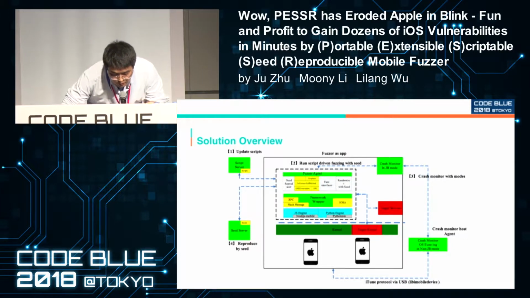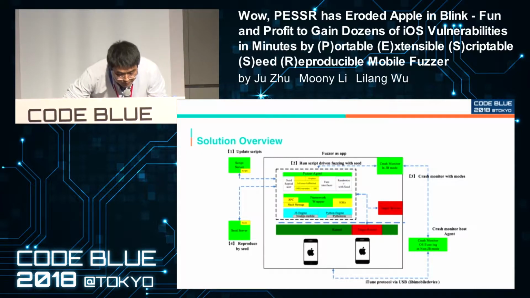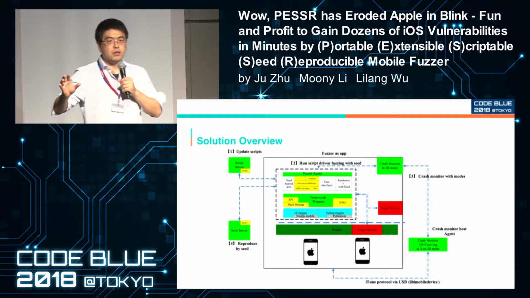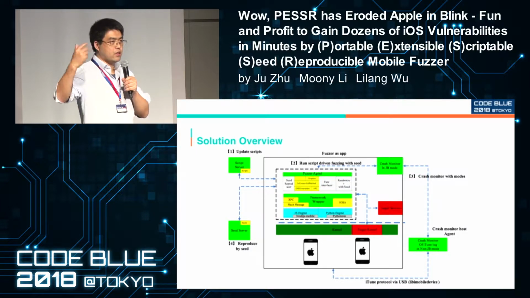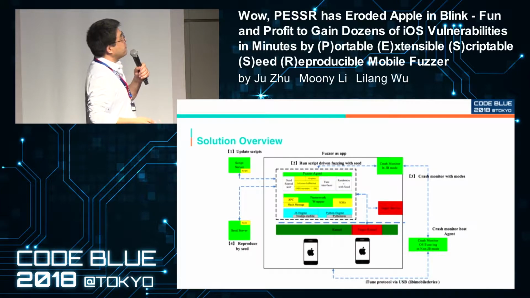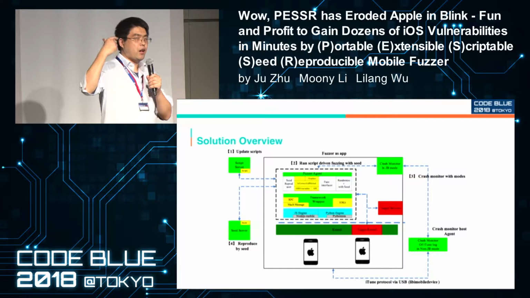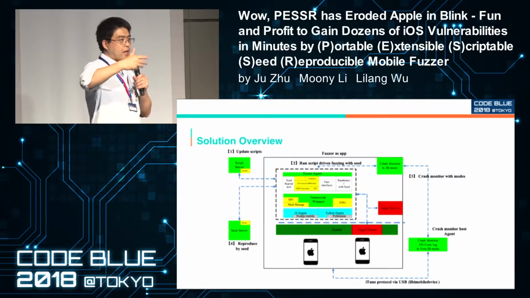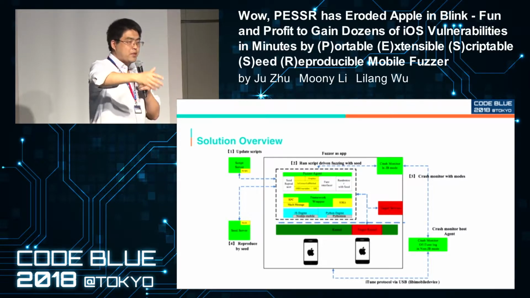And on the other side, we provide our script server. Because our fuzz agent is wrapped by a scripting language like Python or Node.js, we can easily save our fuzzing strategy or fuzzing scenario in the format of script, and we can put all kinds of scenarios as scripts on the server.